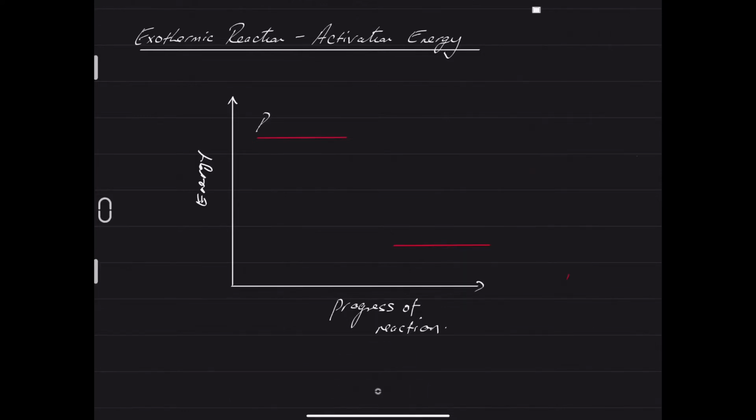So we have reactants and products. Now we're going to focus this graph onto the activation energy level. We're just going to look at the activation energy level in a bit more detail here.